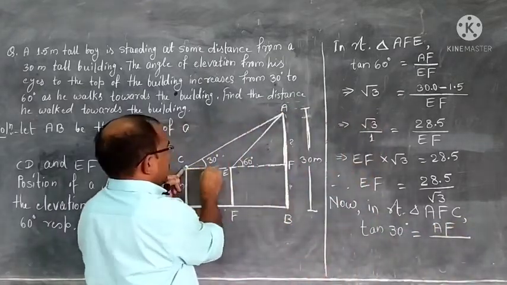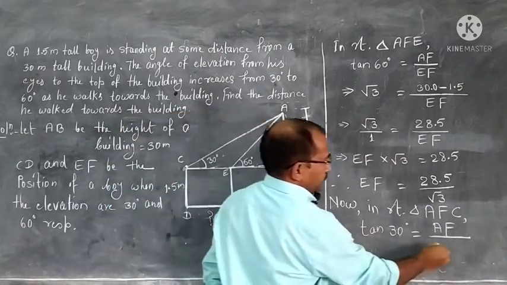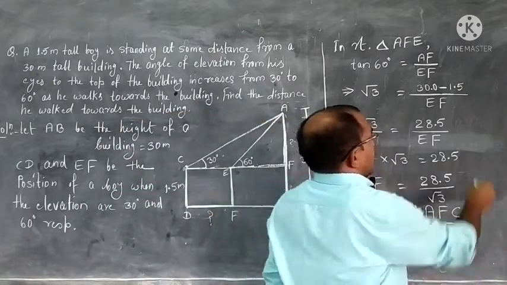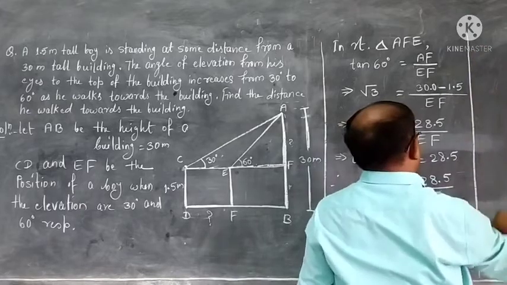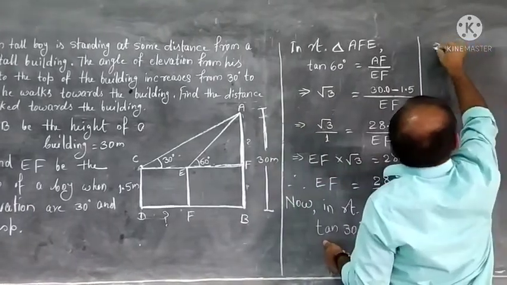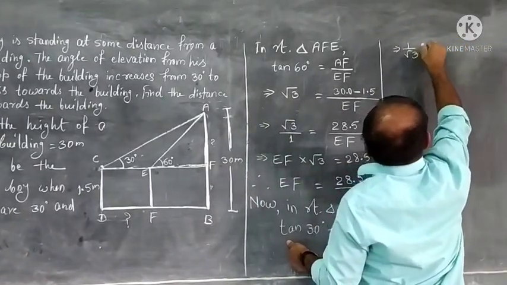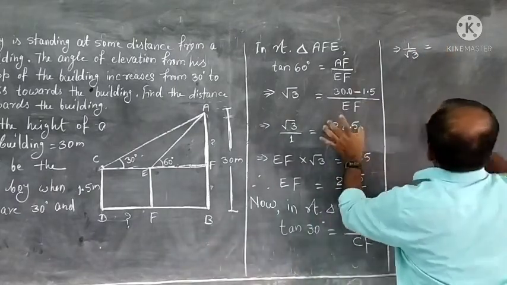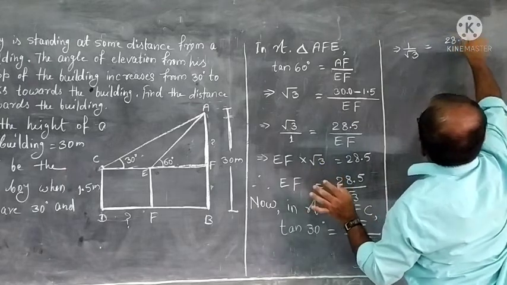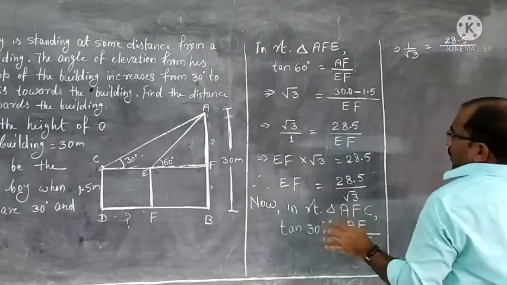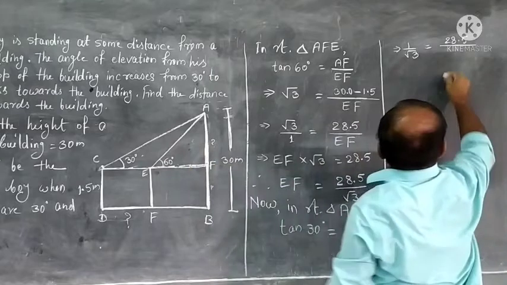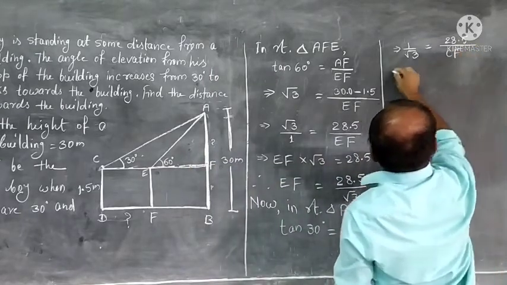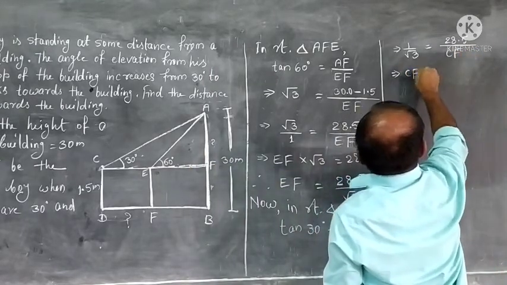Base will be CF. Then the value of tan 30 degrees we all are knowing. Tan 30 degrees is 1 by root 3. What about AF? Just now we have calculated AF is 28.5 and CF we do not know. So, let it be CF.